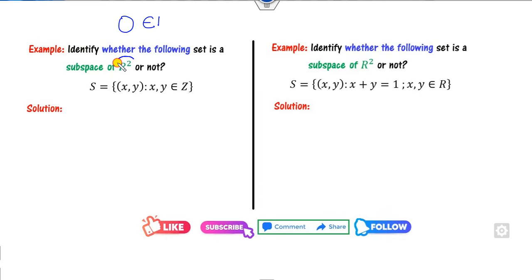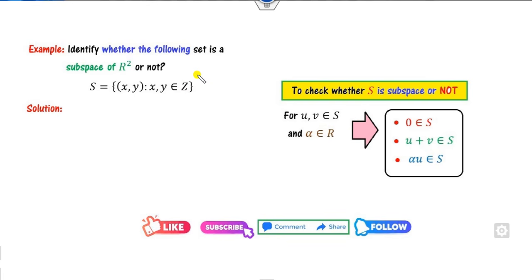First, you can see it's R2. What is the 0 element of R2? It is (0, 0). Now think about this set: check whether this is my X, this is my Y, and whether this satisfies the given requirement or not. Now you can see 0 and 0, because 0 is a part of the integers, yes, this is satisfied.